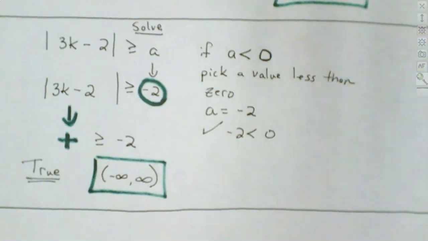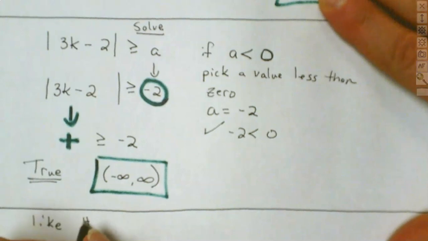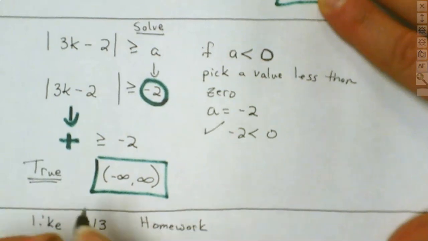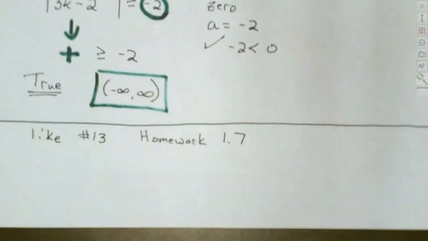Let's do one with a 0 in it, and this is going to be like 13 in your homework. Just to make sure we've covered all of our different parts here. So we're going to look at something like 13. Not 13, but we'll do something similar to it.